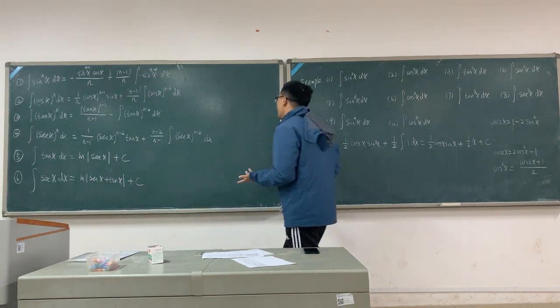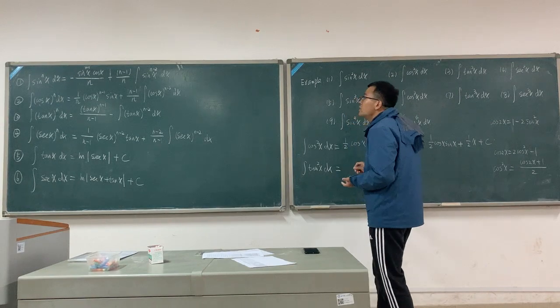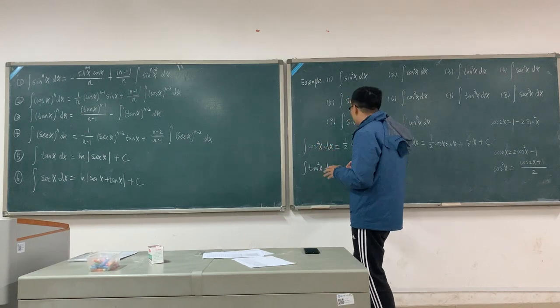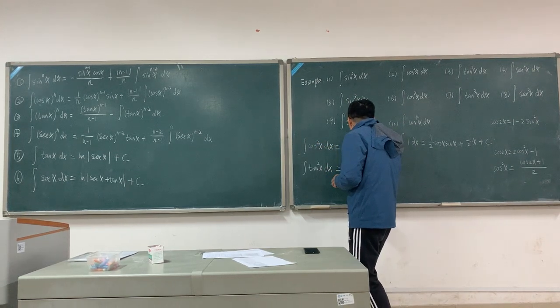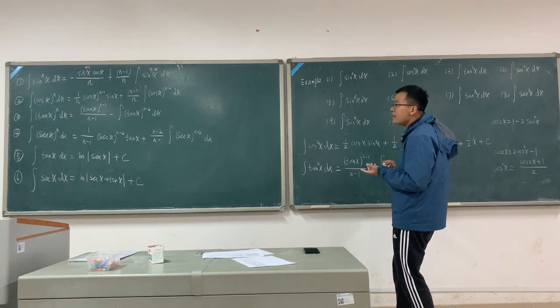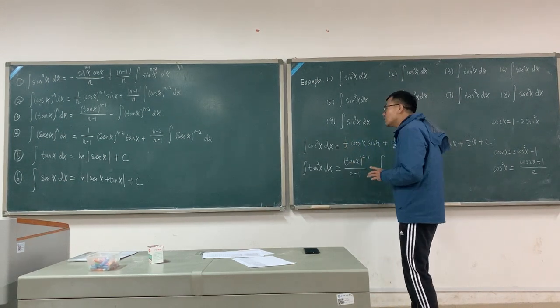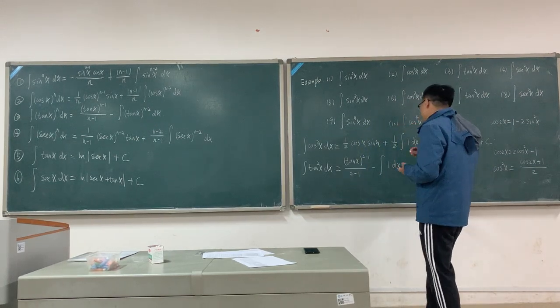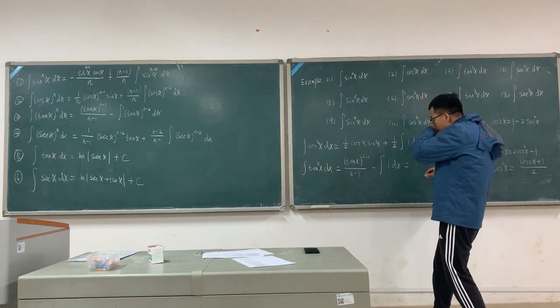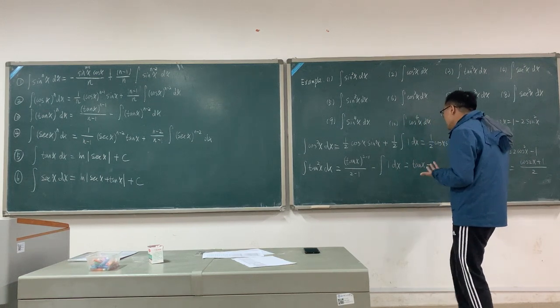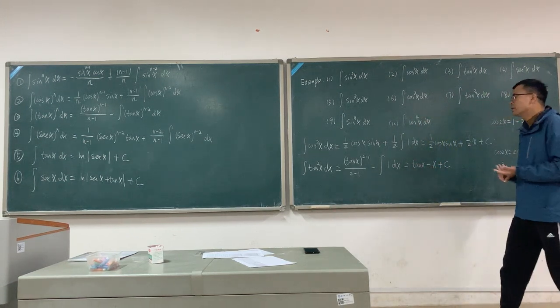So here it equals tangent x to the power 2 minus 1, divided by 2 minus 1, and minus the antiderivative of tangent x to the power 2 minus 2. 2 minus 2 is the 0 power, and the 0 power is 1, yeah? So here is dx. So the result should be tangent x minus x plus the constant, okay?